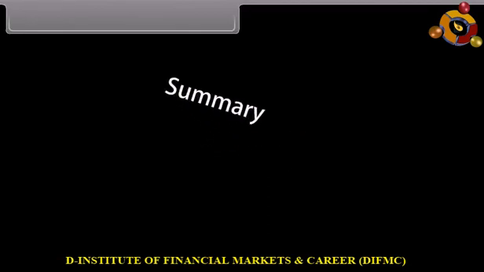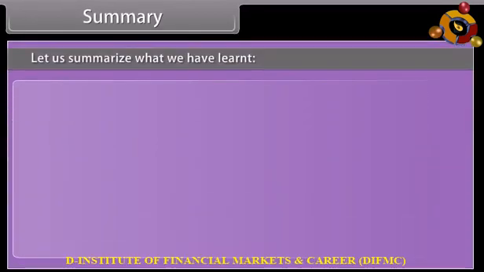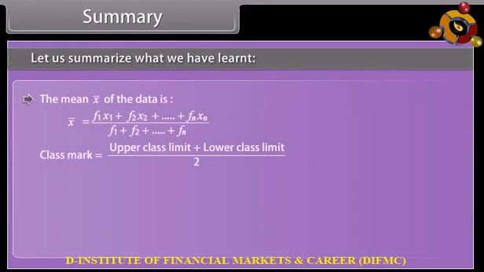Summary. Let us summarize what we have learned. The mean x bar of the data is x bar equals (f1 x1 plus f2 x2 plus and so on plus fn xn) by (f1 plus f2 plus and so on till plus fn).